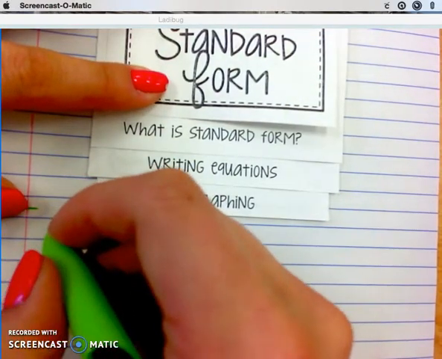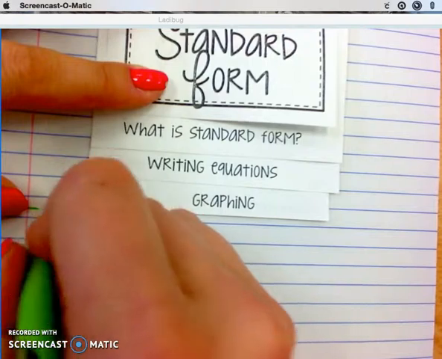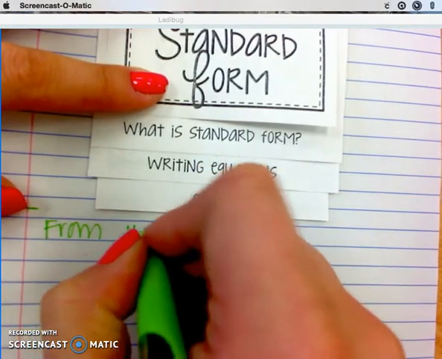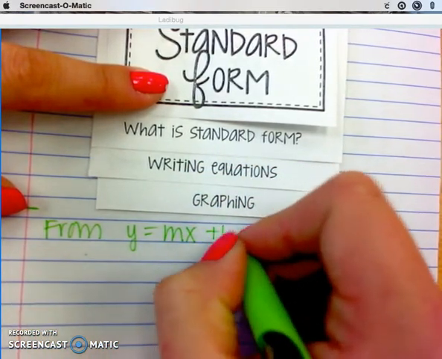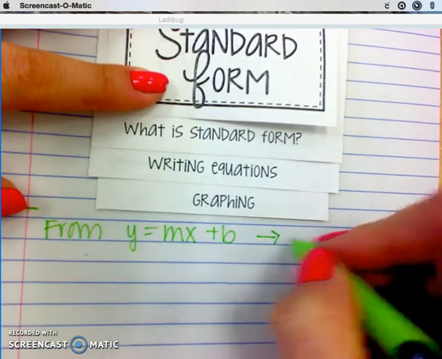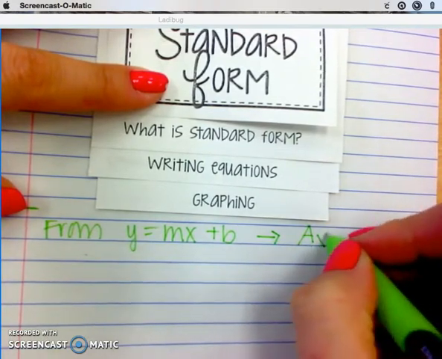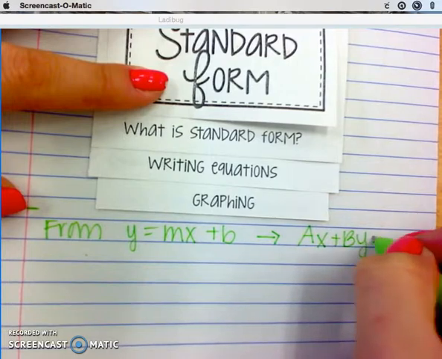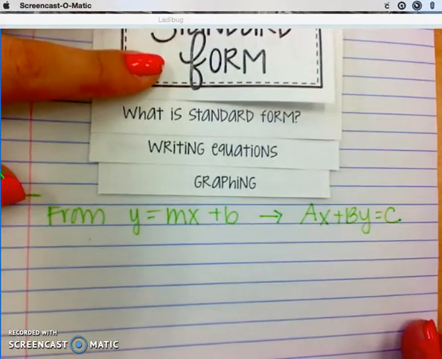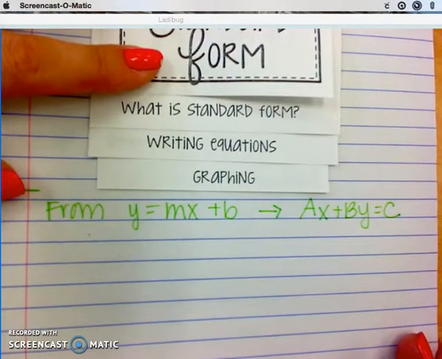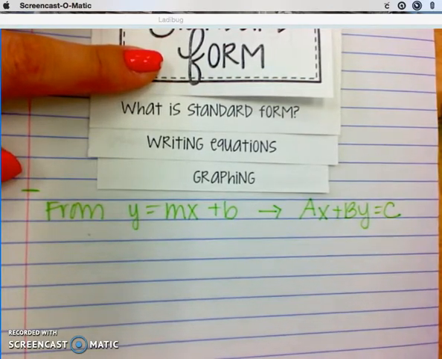So from y equals mx plus b to ax plus by equals c. Okay, our b's are different. It's not the same thing anymore. We're talking about the intercept, and we're talking about different numbers. But we have a couple of things.